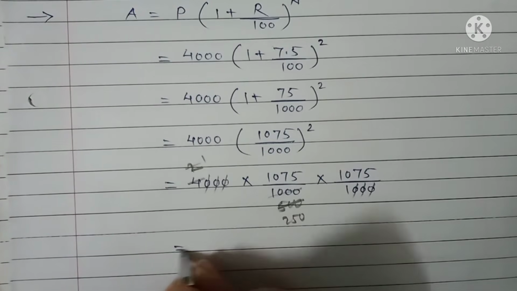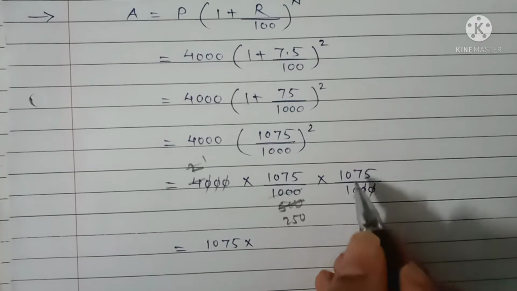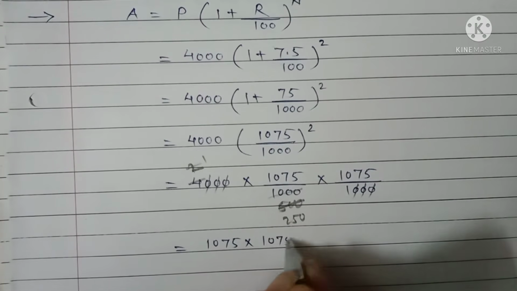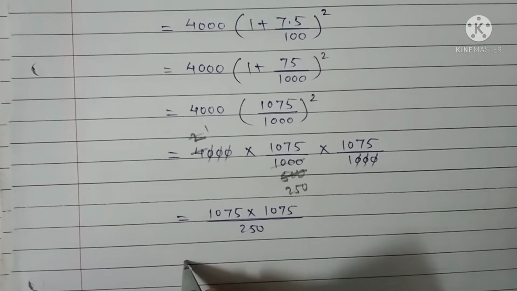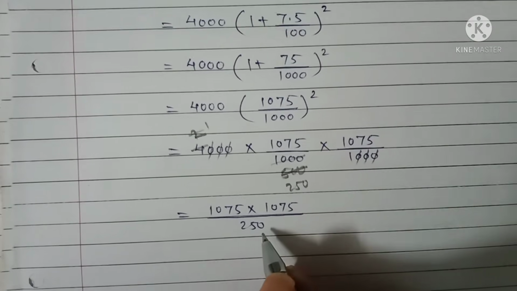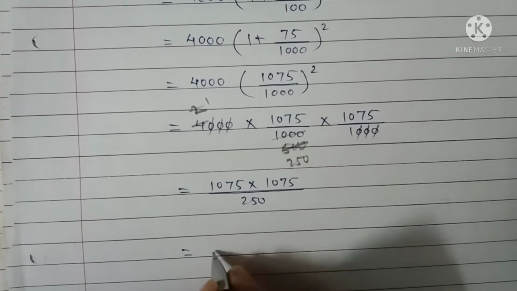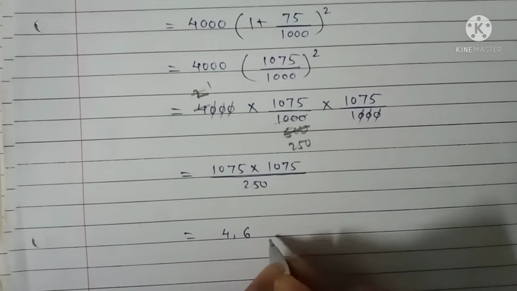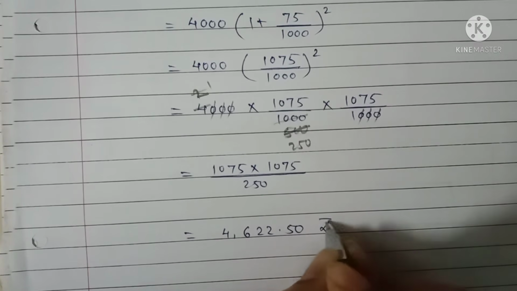Now here what is remaining? 1075 multiplied by 1075 divided by 250. We will do 1075 multiplied by 1075 divided by 250, then your answer is 4,622.50 rupees.